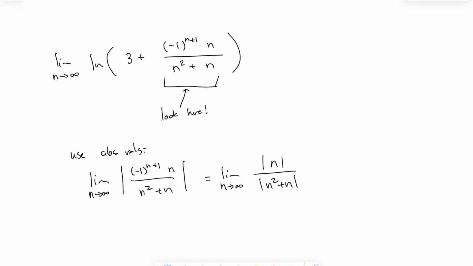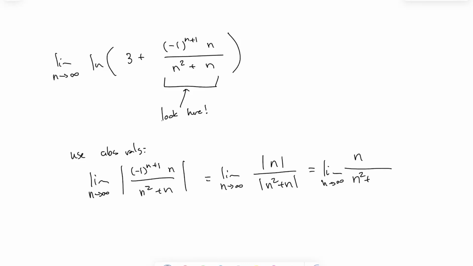And now what's this limit? Now I just do the old trick of dividing everything through by n squared, which is what most people ended up doing. The absolute values at this point actually don't matter at all. Before writing this step, I'm just going to get rid of the absolute values.